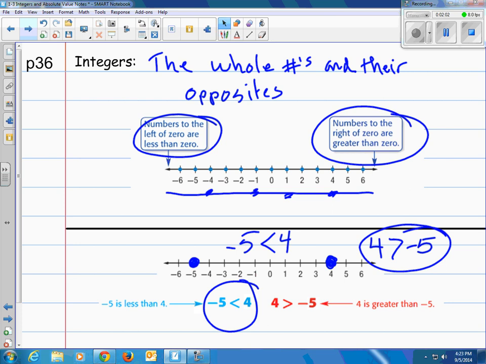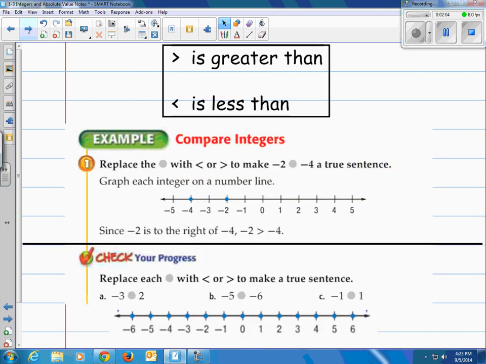To look more at that and compare, let's take a look at this page. This symbol right here is called the is greater than sign, and this symbol is the is less than sign. It literally means, that's what you say when you see it. These are the words you say when you see that. And you may remember, many people have told me they've seen this in 5th grade, I believe.